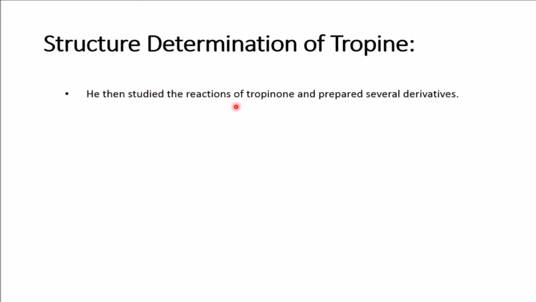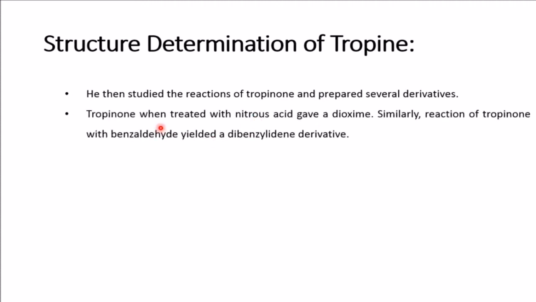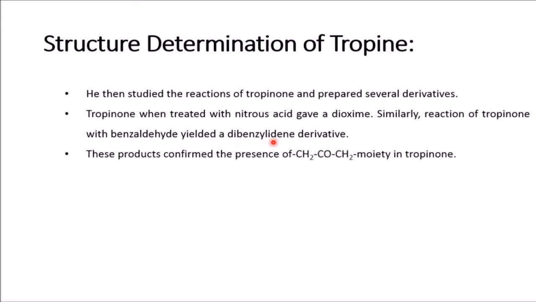He then studied the reaction of tropinone and prepared several derivatives of tropinone. Tropinone, when treated with nitrous acid, gave a dioxime. Similarly, reaction of tropinone with benzaldehyde gives a dibenzylidene derivative.